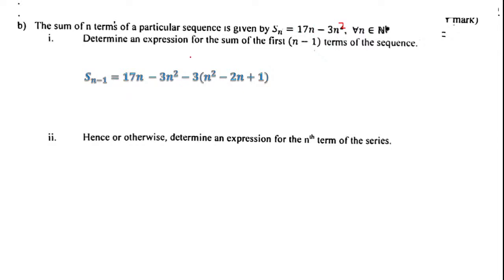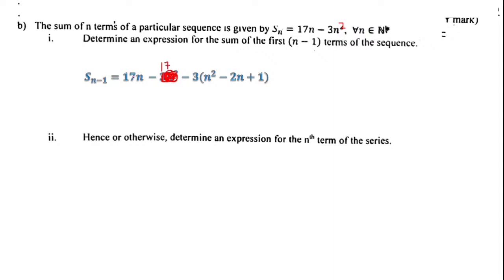So this will give us the sum of the first n minus 1 terms will just be equal to 17 into n minus 1 minus 3 into n minus 1 squared.